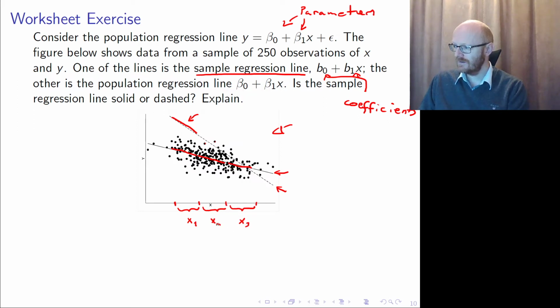What you see here is that the solid line actually gives you a better representation of the average y given x. So we would choose the solid line as our sample regression line.